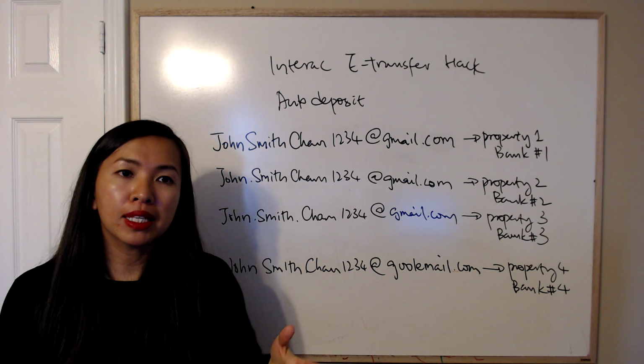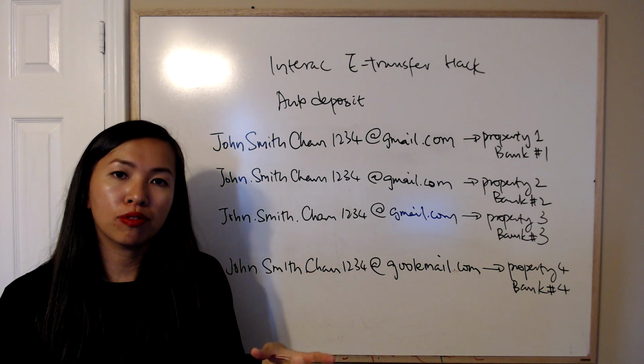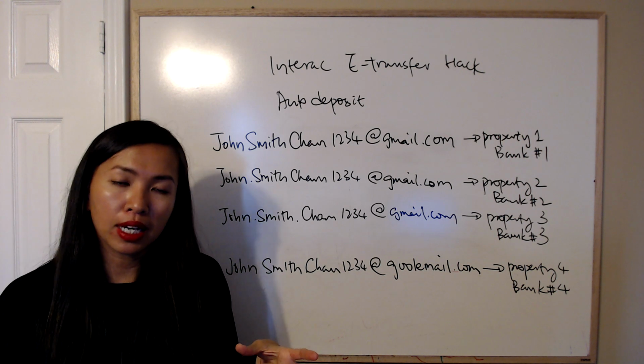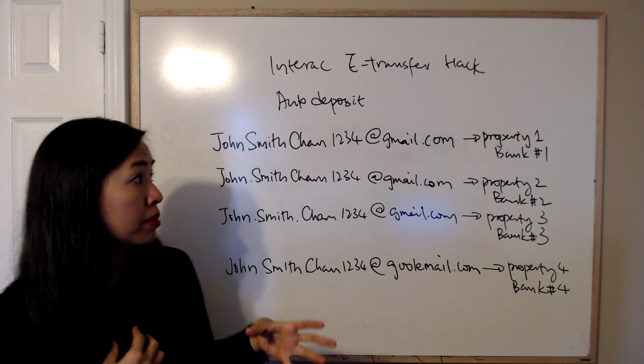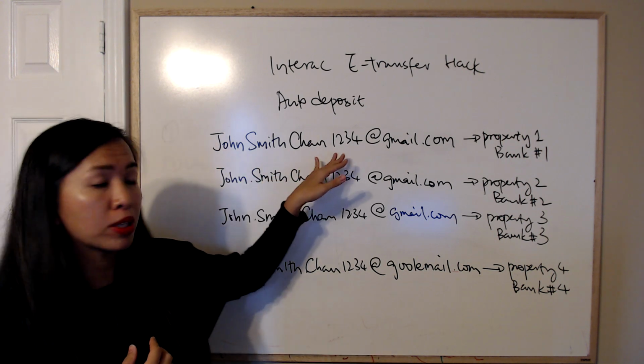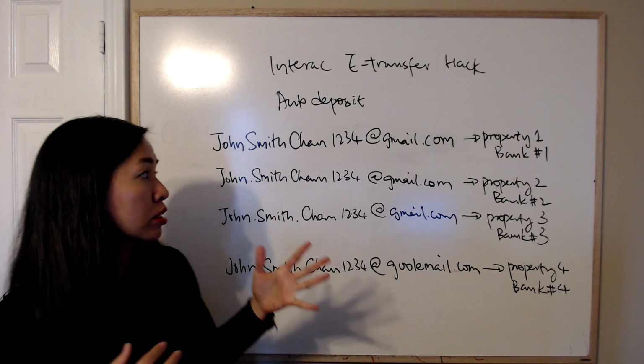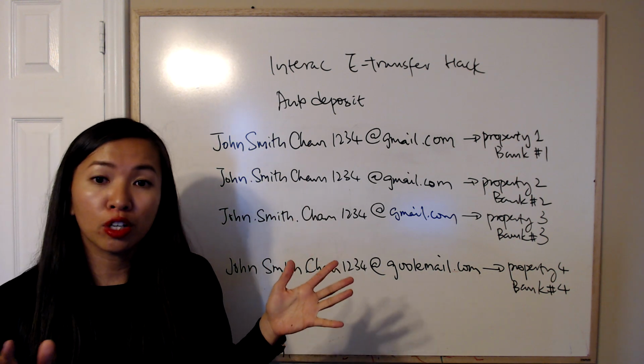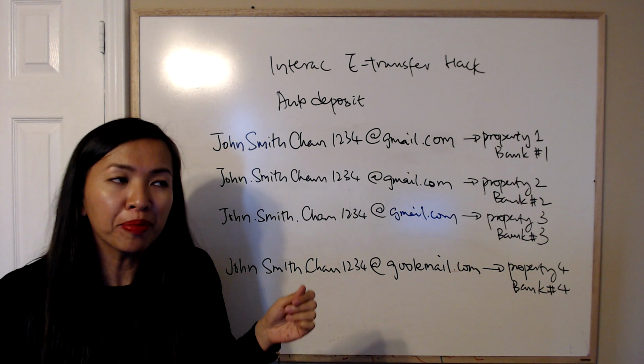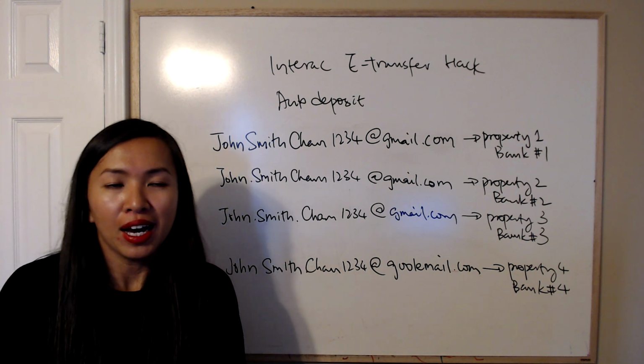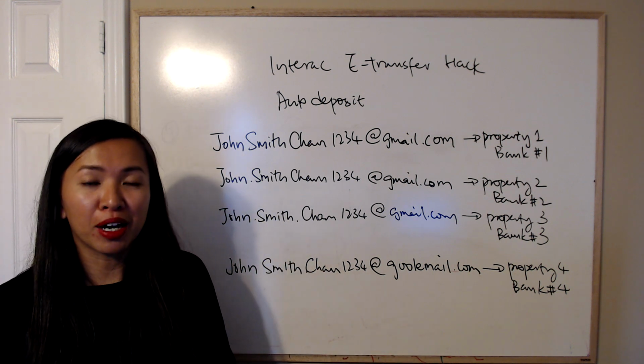Basically, what it means is that all the email money transfers sent to a particular email, let's say in this example johnsmithchen1234@gmail.com, are handled automatically. I'm hoping that no one is using johnsmithchen1234@gmail.com, but I'm sorry if you are. Please do not send anything to that email.